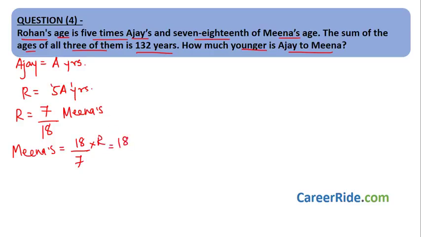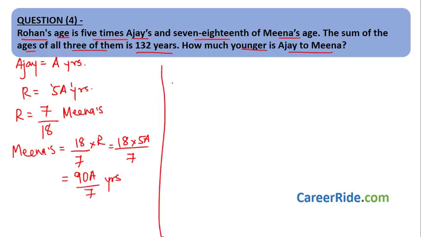So that would be 18 into 5a divided by 7, that would give us 90a by 7 years. Now, they have given the sum of ages of all three: Ajay's age, that is a years, plus Rohan's age, that is 5a years, plus Meena's age, that is 90a upon 7, is nothing but 132 years, right?